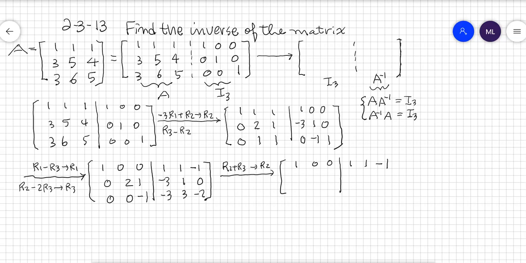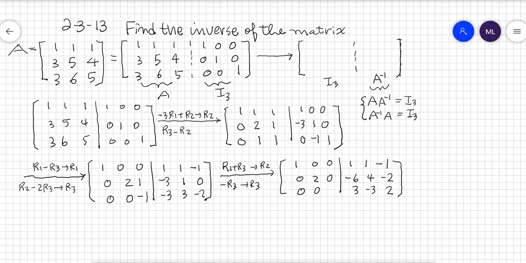Then that would be 0, 2, 0. I'm adding. So it would be negative 6 and 4 and negative 2. Is that right? When I add, and might as well negative R3 to R3. So it's going to be 3, negative 3, and 2, it looks like.